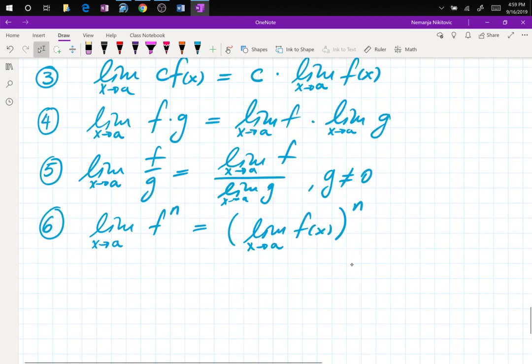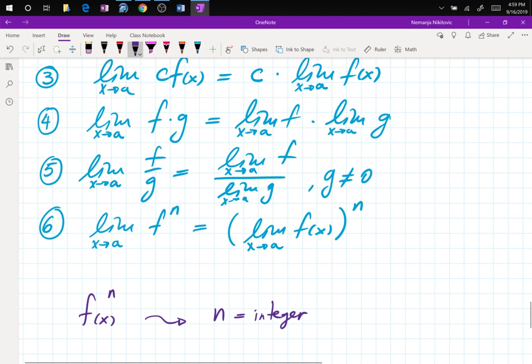Now I need to talk briefly about this idea of f of x raised to the nth exponent. This n can be an integer.